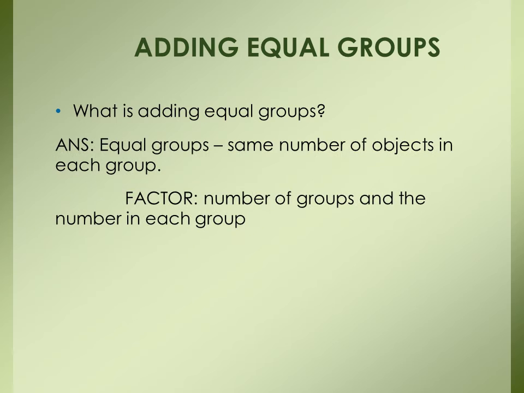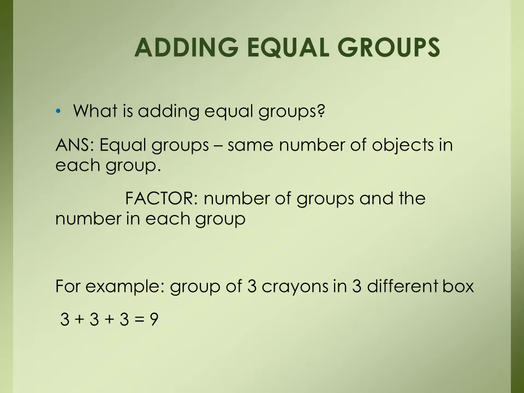Next, what are equal groups? Equal groups means the same number of objects in each group. The number of groups and the number in each group may change.